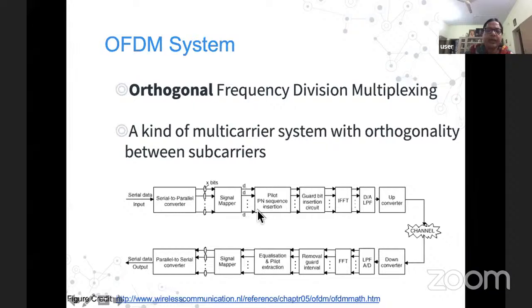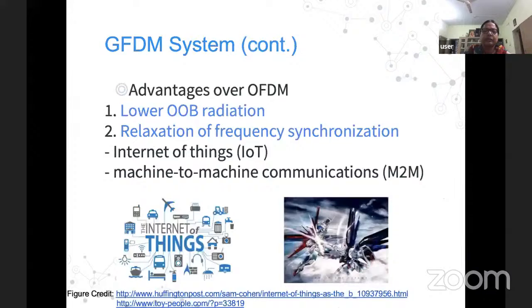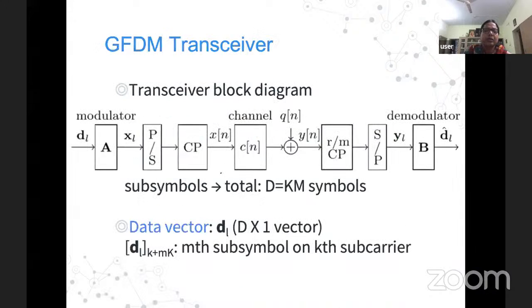Yeah, if you go back to the OFDM, here we use a mapper, pilot insertion, and guard insertion. After that, I use the IFFT block. So this IFFT block is now taking in this format A. I take D data symbols at a time, and this D involves the subsymbol notation: the Mth subsymbol onto the kth subcarrier I am transmitting.